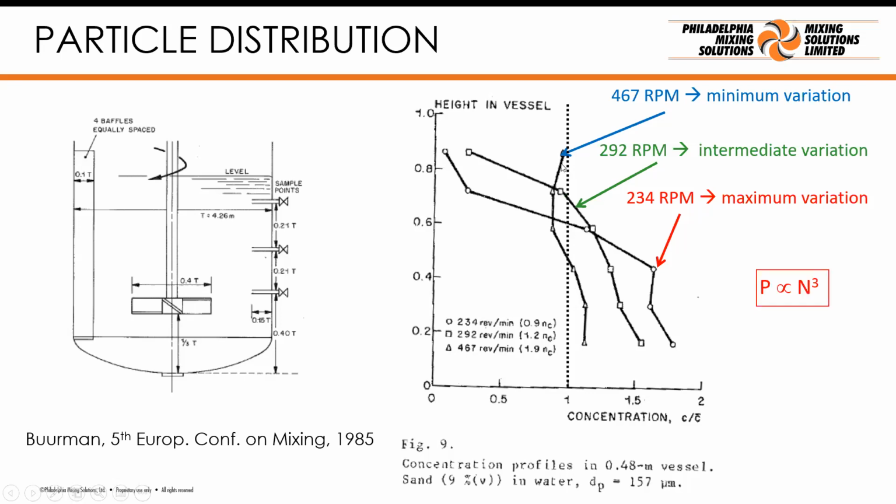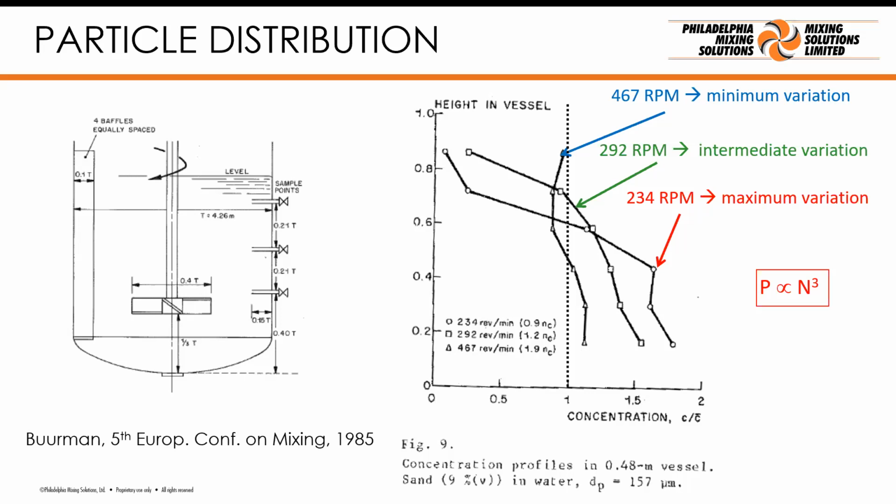So we've doubled the speed to get from this condition where we're operating. So NC on this chart is the just suspended speed. We go from 0.9 of the just suspended speed to 1.9 times the just suspended speed. We double the speed, we increase the power by a factor of 8. So you can have it if you want it, if you need it, but it's going to cost you.